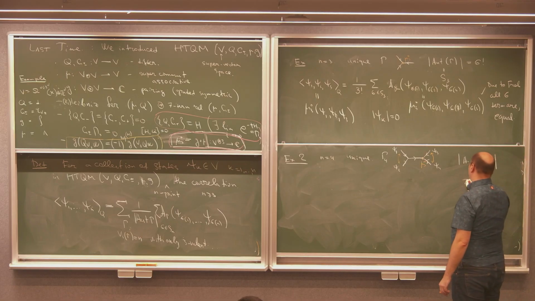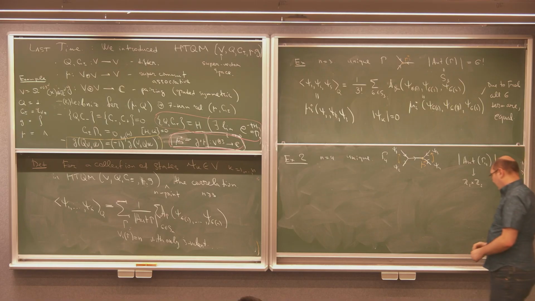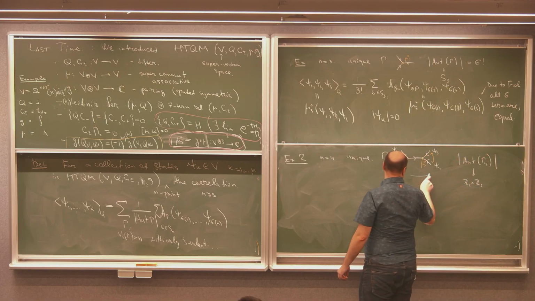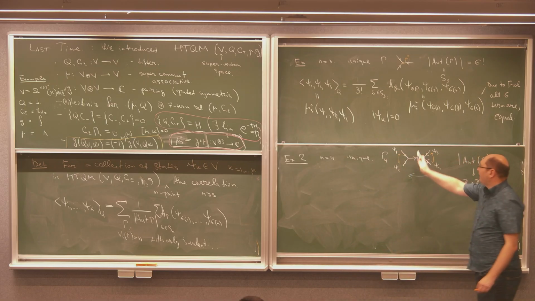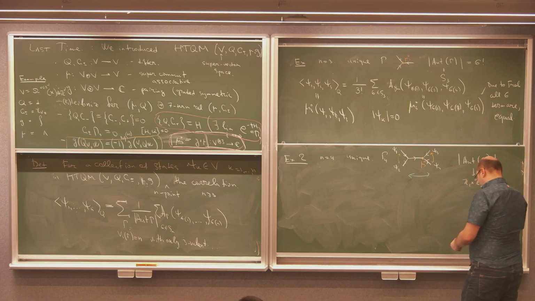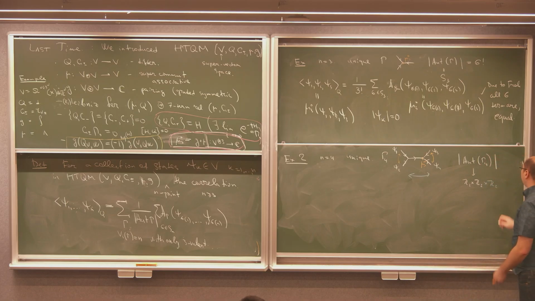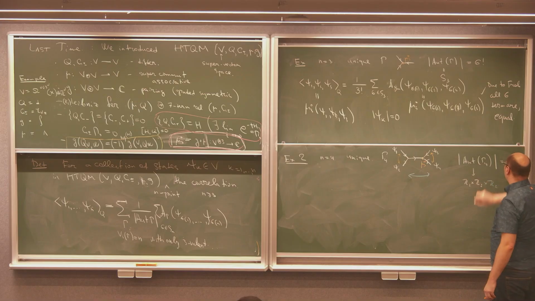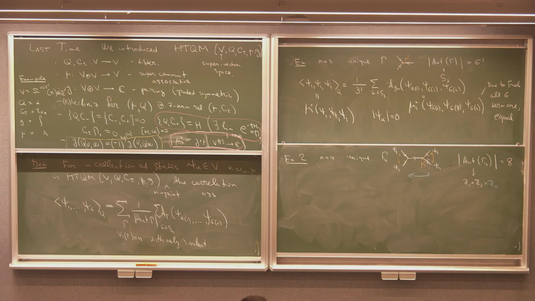That gives us a Z2 factor, another Z2 factor, and also we can reflect under this vertical line, and also nothing changes, so that gives us another Z2 factor. So the size of the automorphism group is 2 times 2 times 2, which is 8.